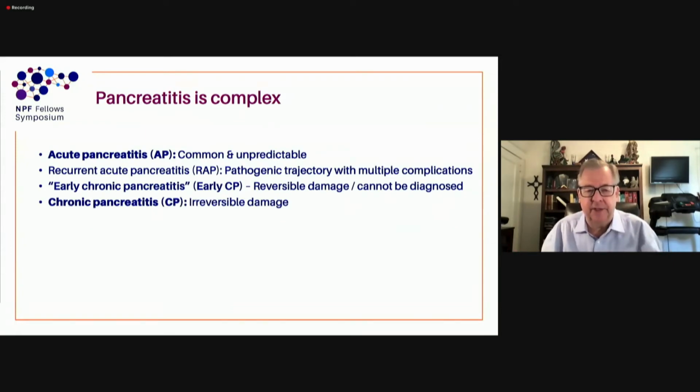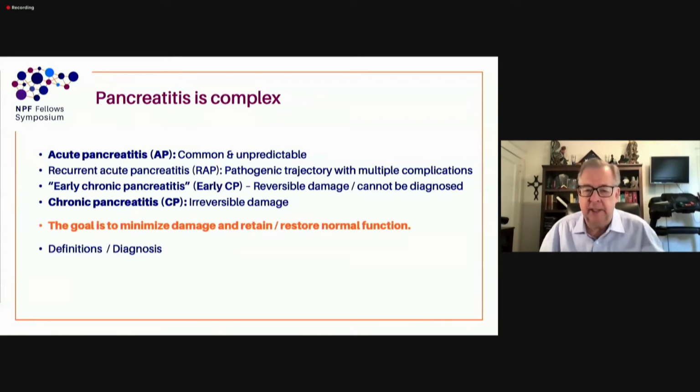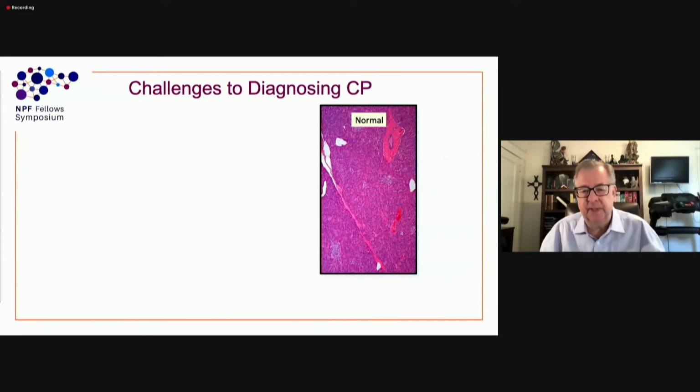And then there is chronic pancreatitis, which is irreversible damage. Our goal is to minimize damage and retain or restore normal function. So what I'm going to talk about today is some definitions and how to diagnose chronic pancreatitis, the issue of trajectory, mechanisms, and management.